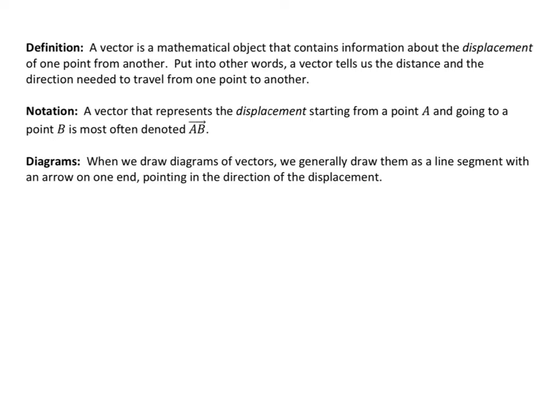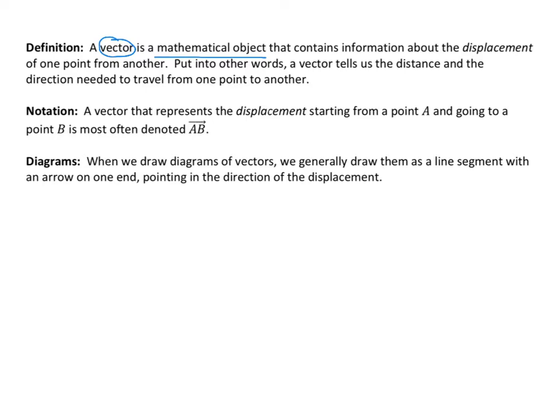As is almost always the case in math, when we're learning something new, we need to start with definitions. And so if we're going to talk about vectors, we need a definition, right? So a vector is, for lack of a better term, a mathematical object. A number is an object, a variable can be an object. So a vector is a mathematical object, and this mathematical object contains information about the displacement from one point to another.